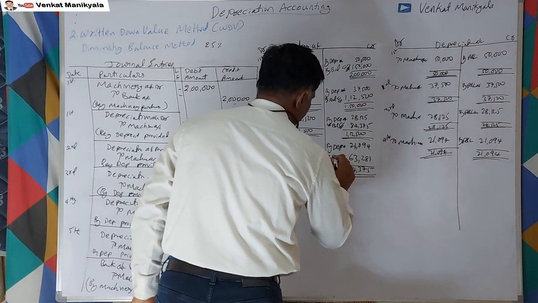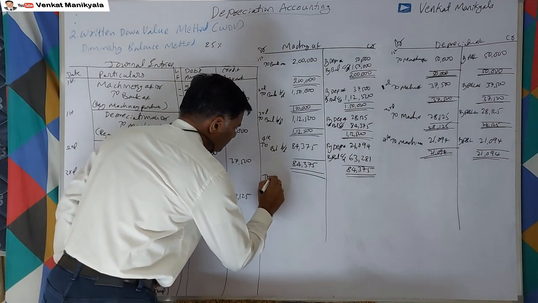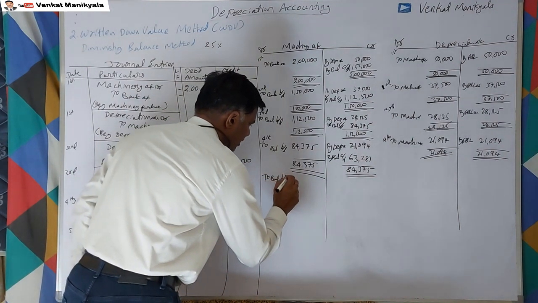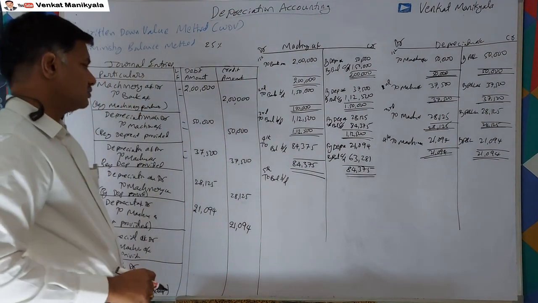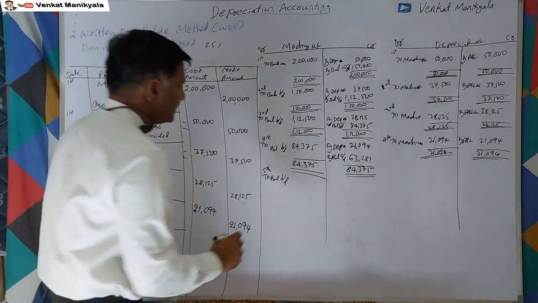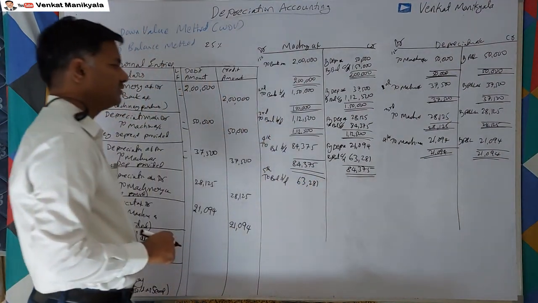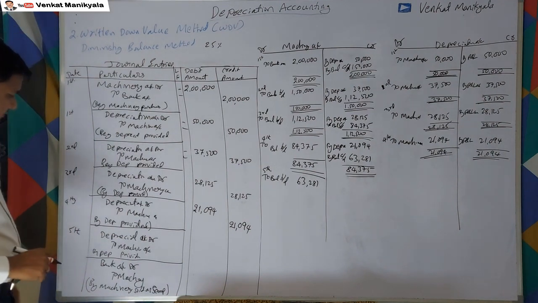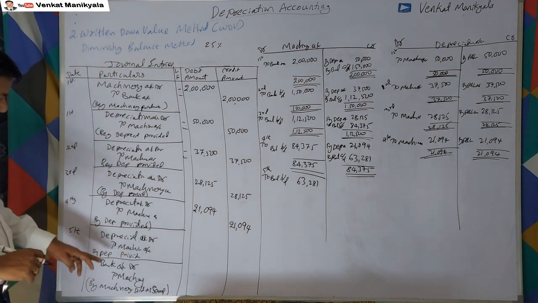By balance carried down, balance brought down 63,281. So this is the fifth year. Under the fifth year, the balance brought down is 63,281.